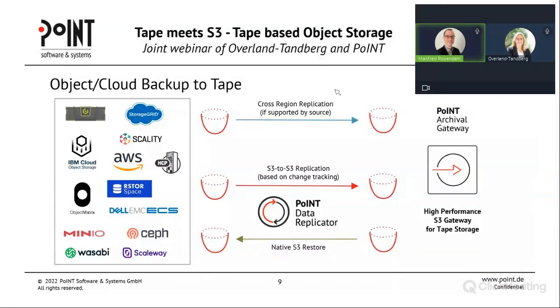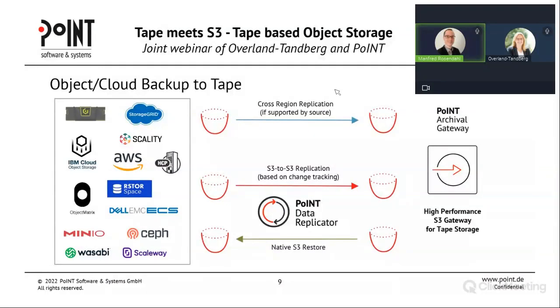Once enabled, all new objects are automatically replicated asynchronously to the PoINT Archival Gateway. Because of the native S3 API, you can simply use an S3 browser or the AWS command line tools and restore individual objects from tape if necessary.